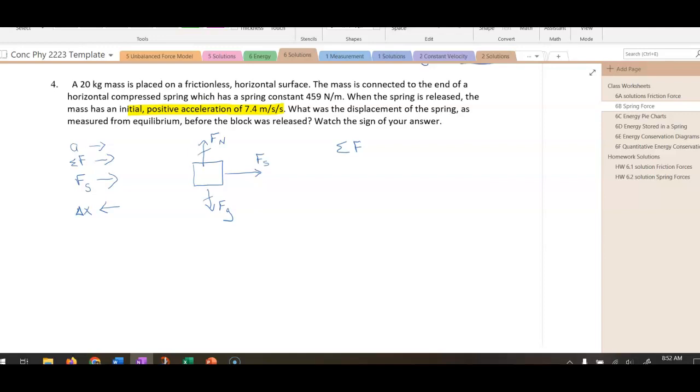Okay, so therefore I know that the net force, I have both the mass and the acceleration, so I can go straight to Newton's second law. Net force is mass times acceleration, so that's 20 kilograms multiplied by the 7.4 meters per second squared. So I can find the net force here.